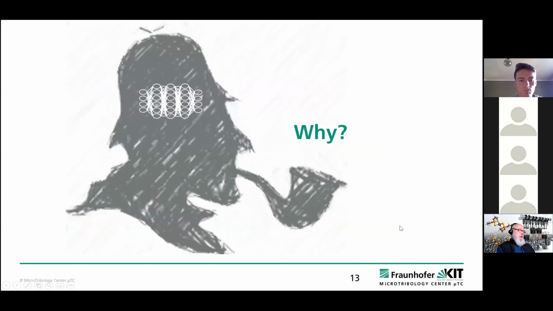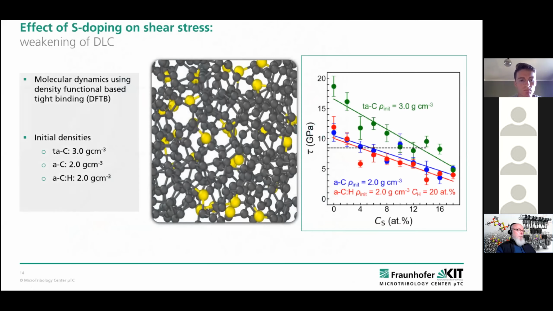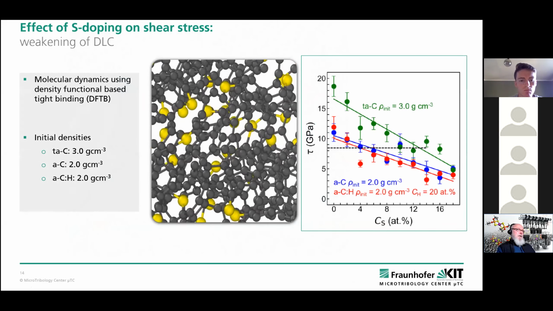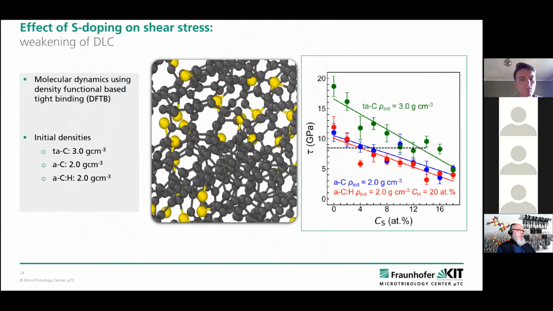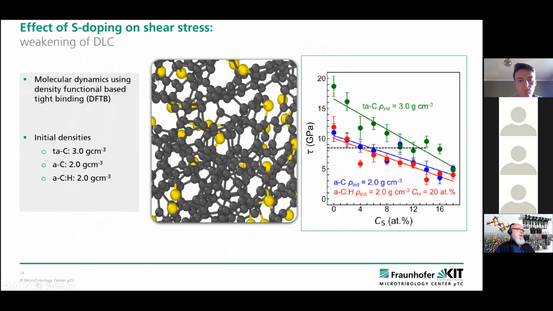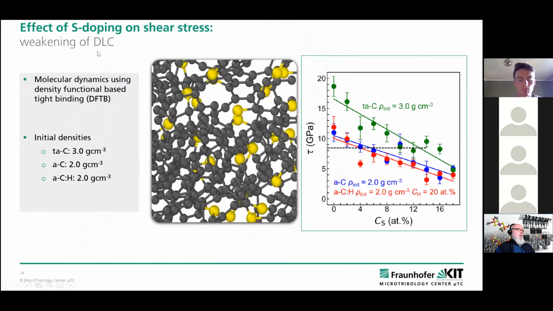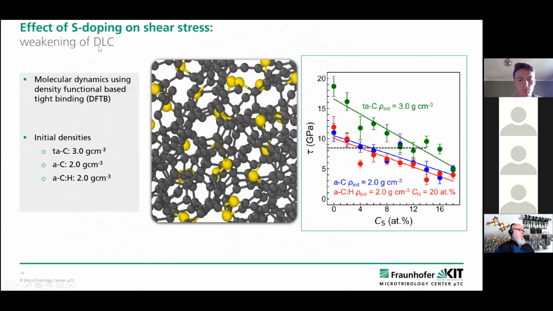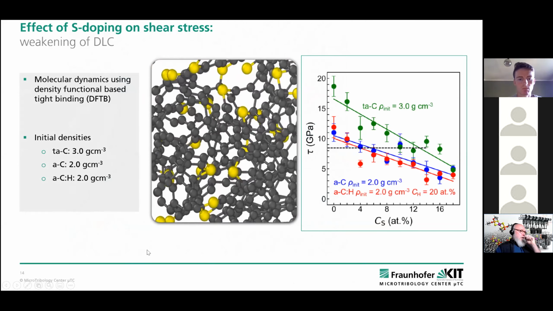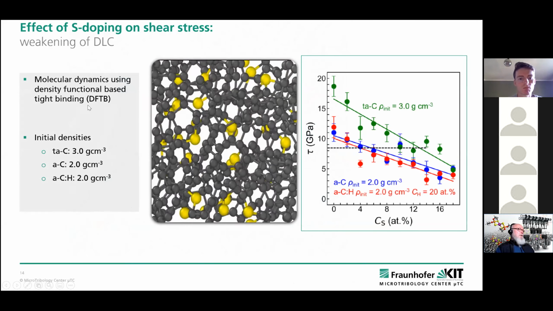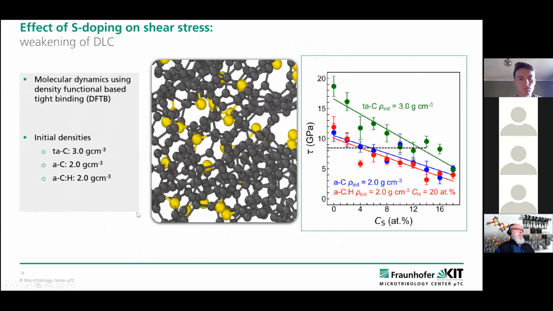And this is, of course, a good opportunity to practice a little bit of multi-scale simulations. So the first question we asked ourselves was, what is the effect of sulfur doping in a DLC? So how does it affect the shear stress? Throughout this talk, I will show you results from density functional based tight binding simulations.